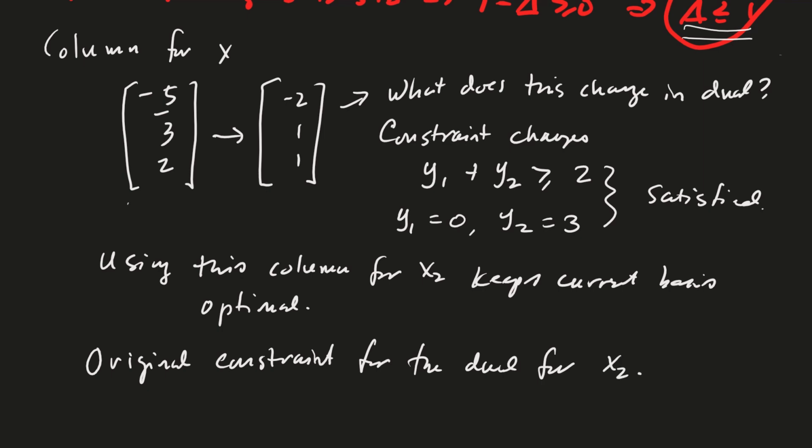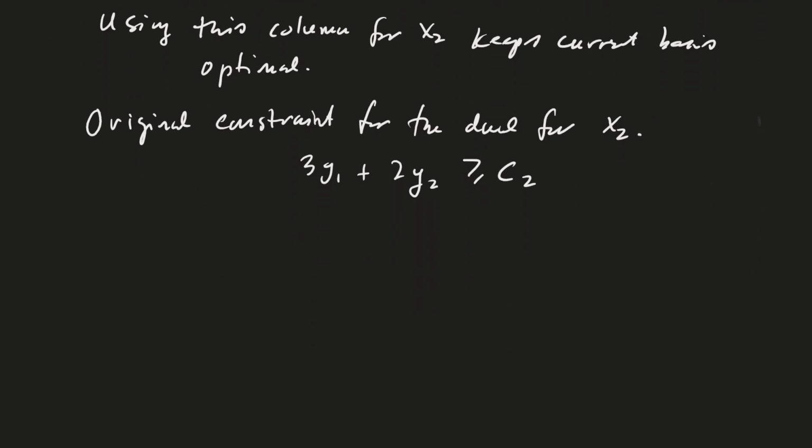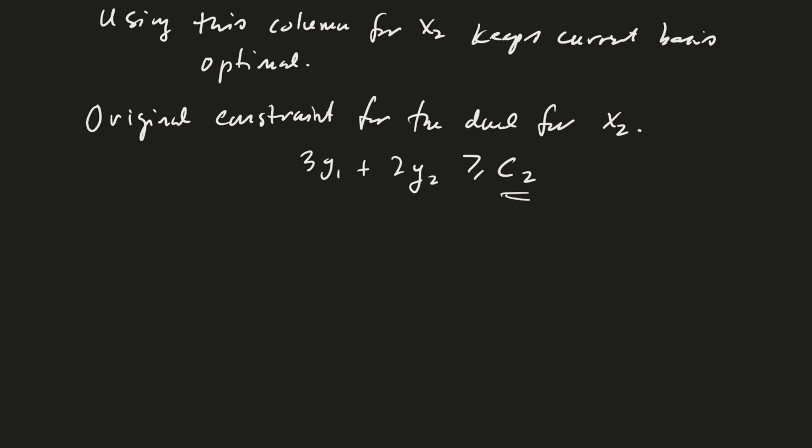I'm going back to the original column for x2. That said that 3y1 plus 2y2 is greater than or equal to some c2. Notice that I can figure out what the value of c2 would be before this constraint is not satisfied, right?